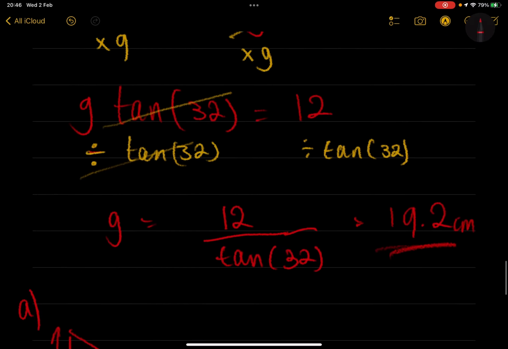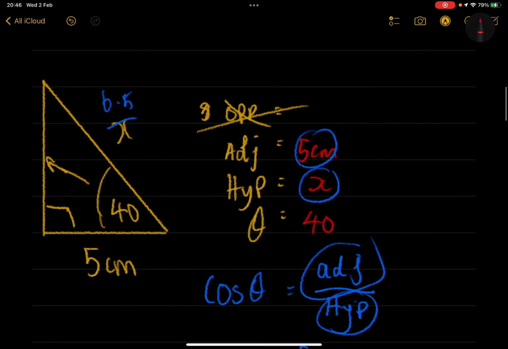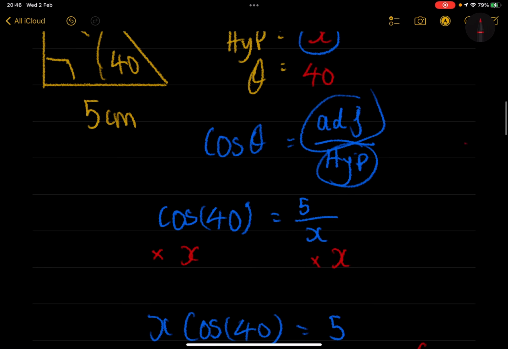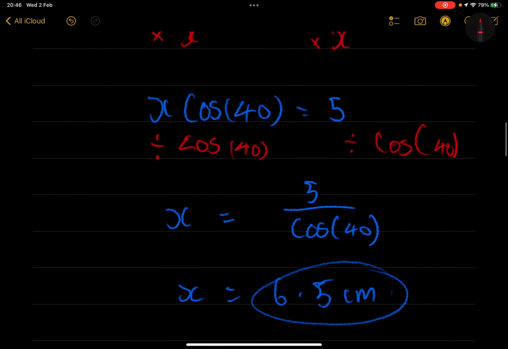Right, just before you do, if we go back to this one here, I should have said this before. This is a method mark 1 for writing out cos of your angle equals adjacent divided by the hypotenuse. So we can put method mark 1 just for actually writing it out. You get 1 method mark for actually rearranging it to get to this point, X equals 5 over cos 40.